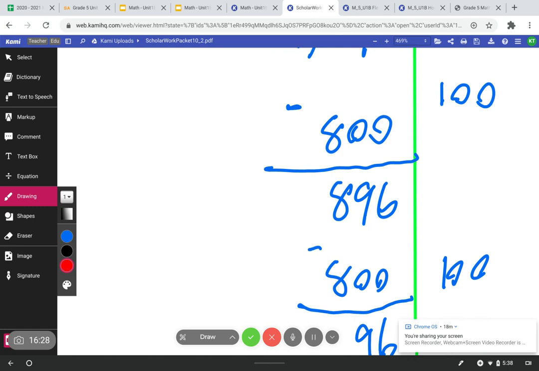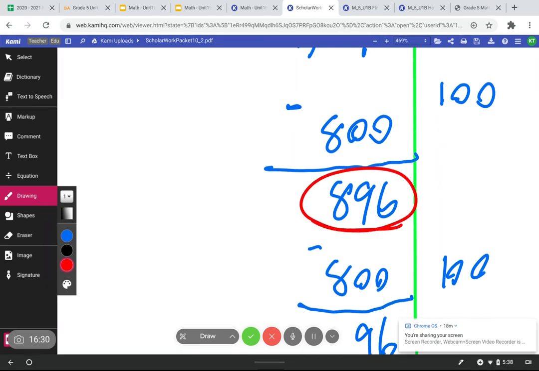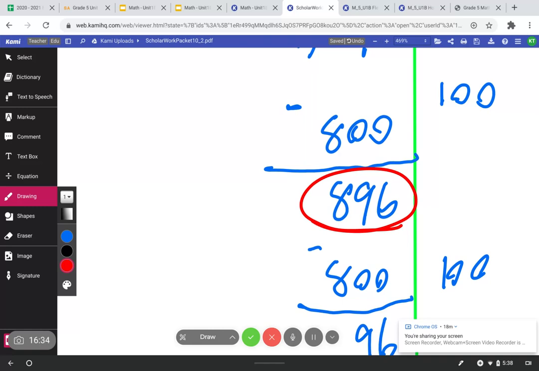Now I am focusing on this number. How many times does 8 go into 896? Remember, division is repeated subtraction. So how many times can I take 8 out of 896?